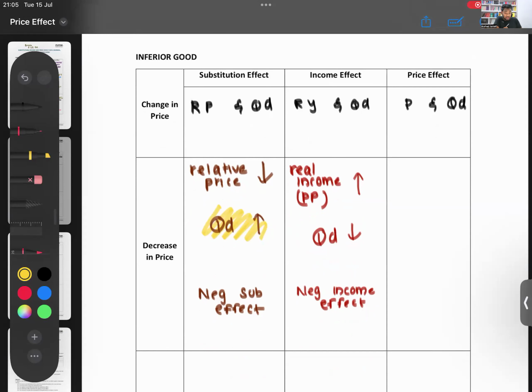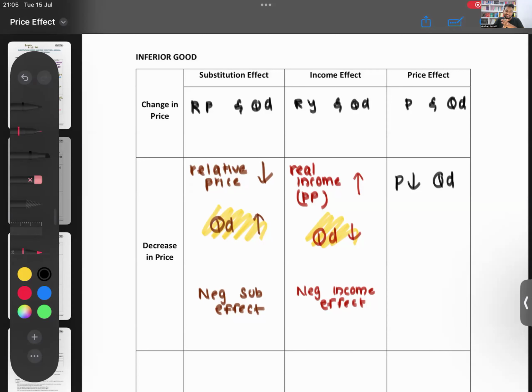The income effect is saying, look here, when the price decreases, QD will reduce. So what do you think is the price effect? When there is a decrease in the price for an inferior good, what will happen to QD? The substitution effect is saying QD will increase. The income effect is saying, no, QD will reduce. The combination of these two is the price effect.